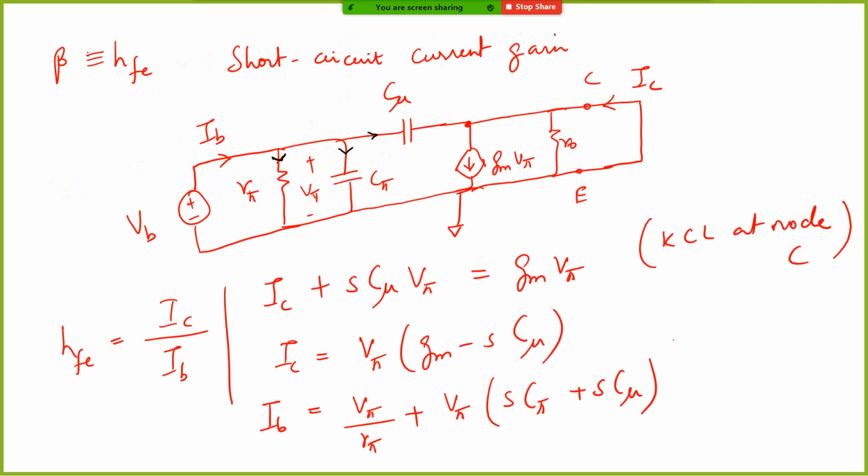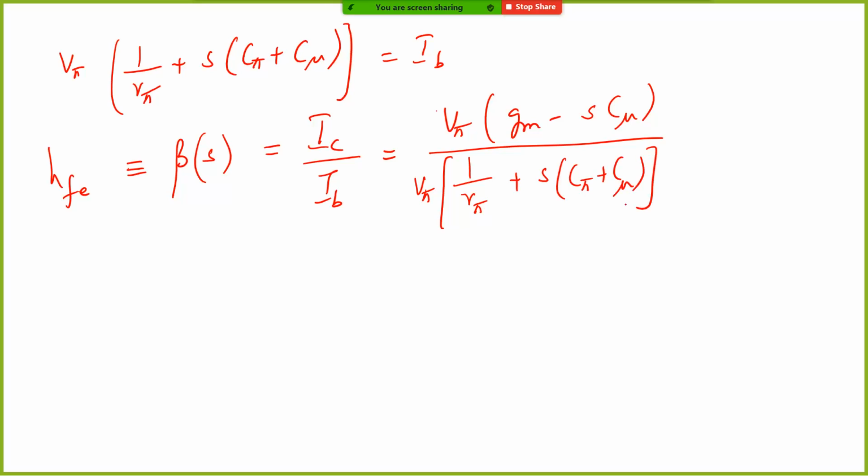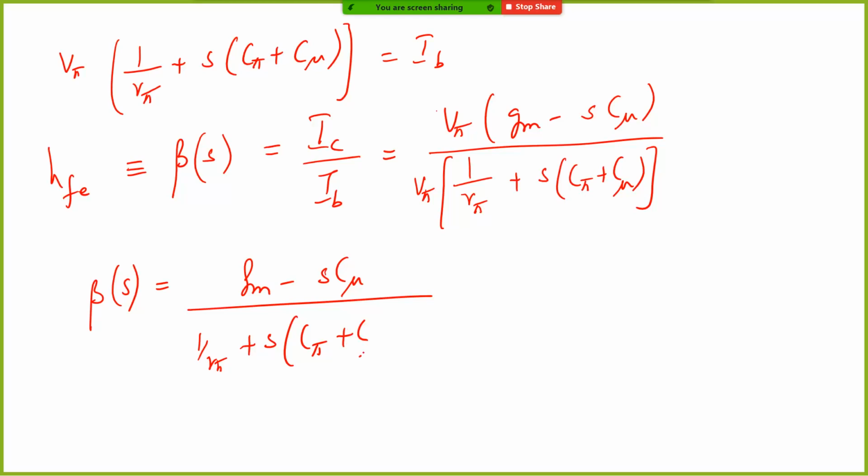The expression we have is V pi times Gm minus S C mu, divided by V pi times 1 by R pi plus S times C pi plus C mu. Of course V pi gets cancelled out. So beta as a function of S becomes Gm minus S C mu divided by 1 by R pi plus S times C pi plus C mu.